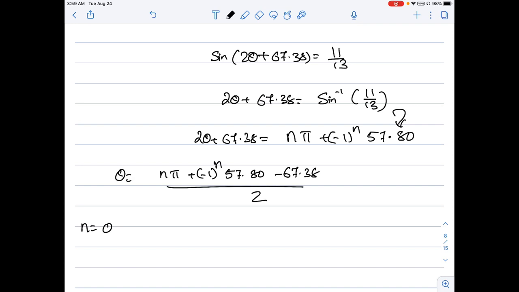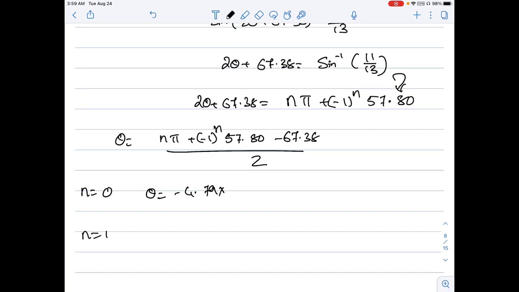It becomes 0 times 180, plus 57.80 minus 67.38 divided by 2, which gives me negative 4.79, which is rejected or not considered.